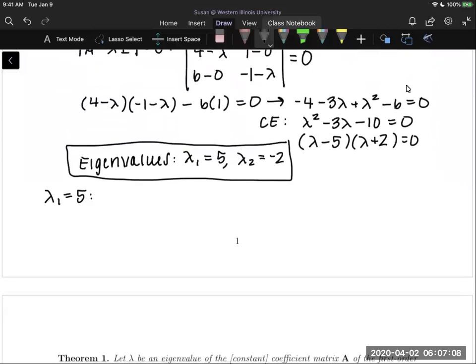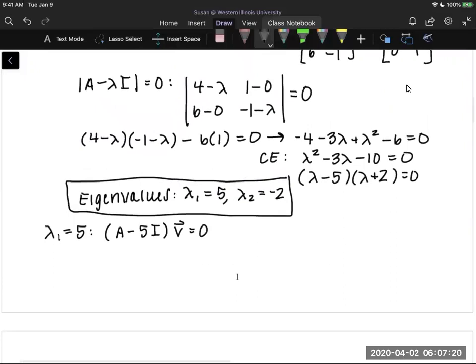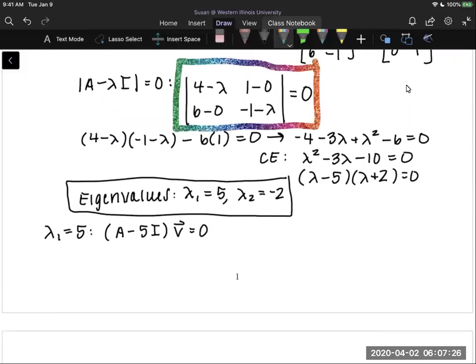All right, so we're going to look at A minus 5I times some v equals 0. I'm going to look back up at this equation, but instead of looking for a determinant, I want the actual matrix.